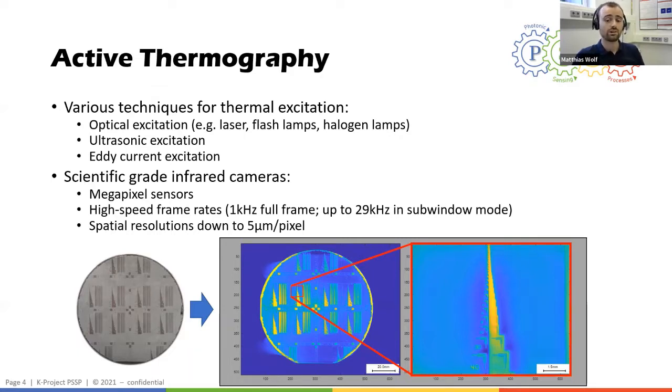Furthermore, utilizing, for example, macro lenses or extension rings allows us to observe even very small features. For example, as shown on this slide, we were able to achieve a spatial resolution of up to 17 micrometers on a silicon wafer. Especially these recent developments have allowed thermography to be used in a really wide variety of industrial applications.